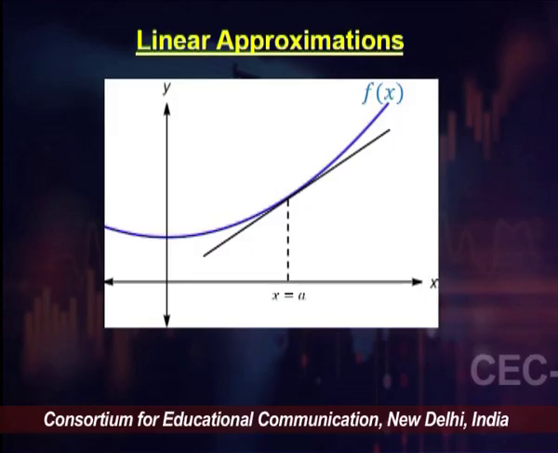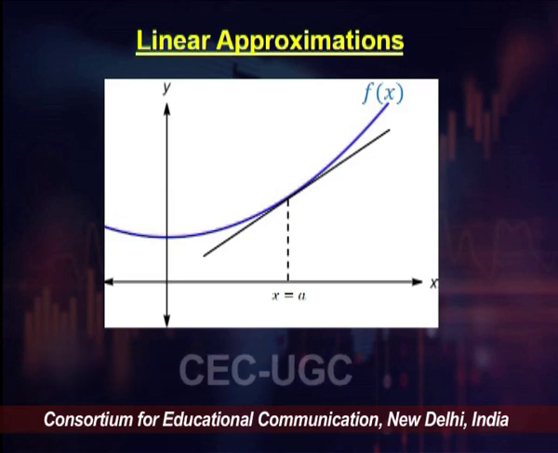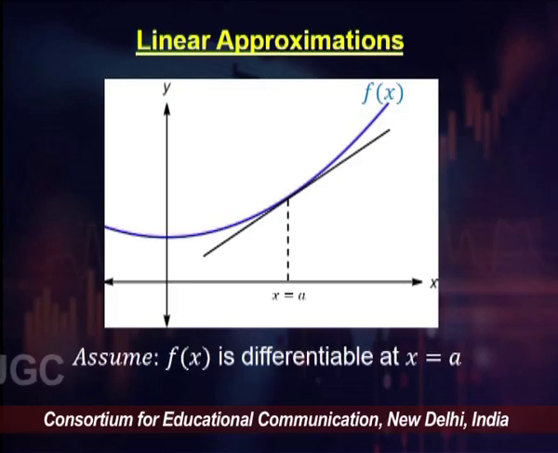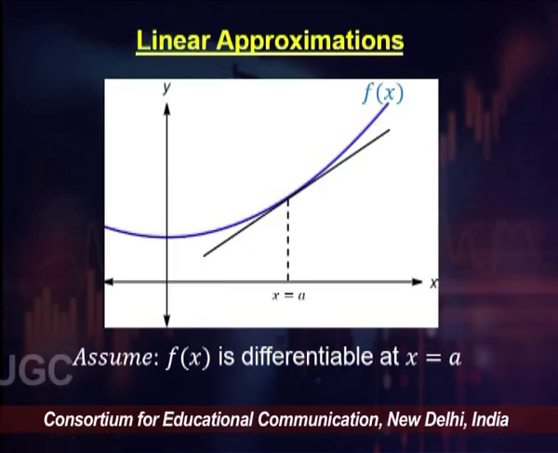And a natural candidate for such an approximation is to use the tangent line, the tangent to the graph of the function at x equal to a. Now, for this, we will assume that the function is differentiable at x equal to a, because this is the math that we will need in order to work with the equation of the tangent line.